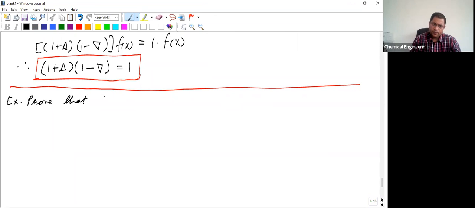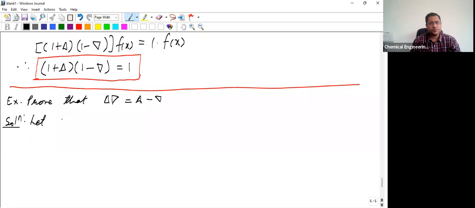Prove that delta into del is equal to delta minus del. So this is delta minus del, and this is what we have to prove.